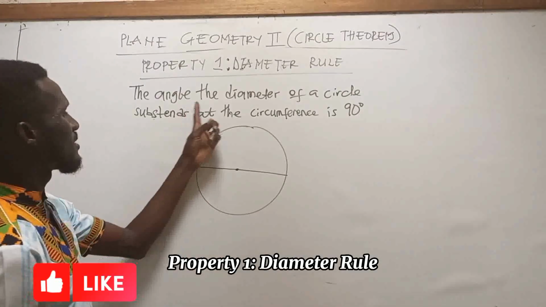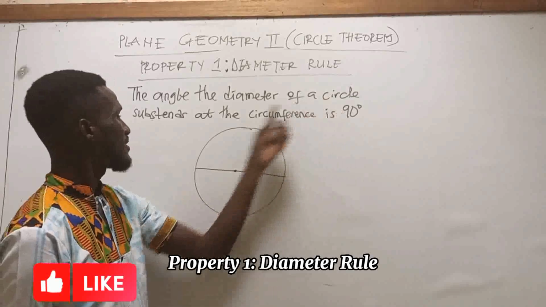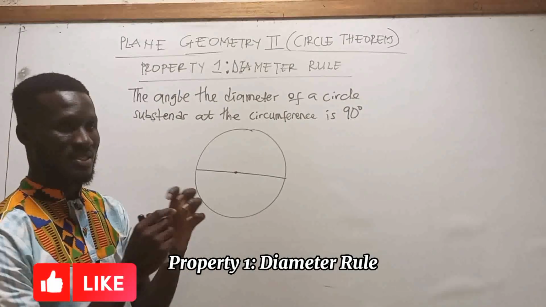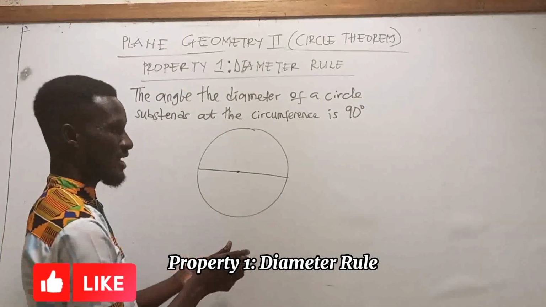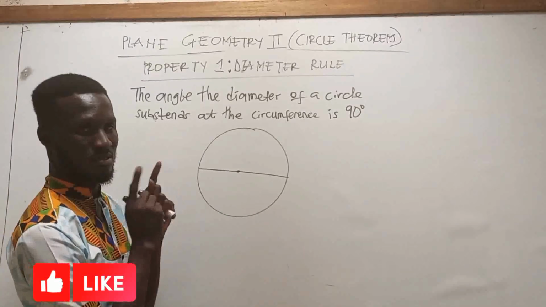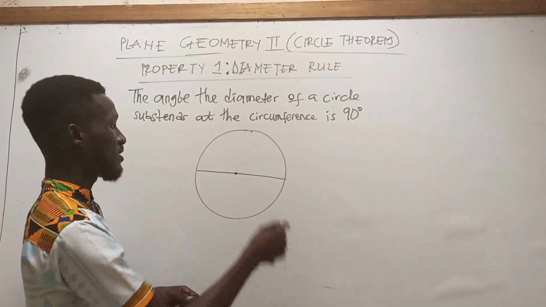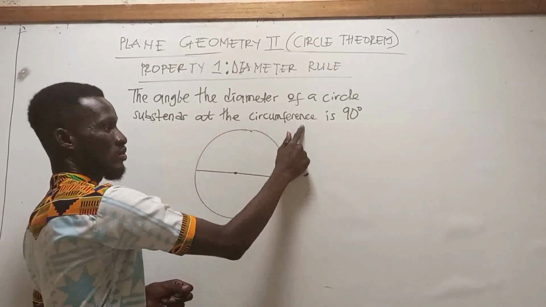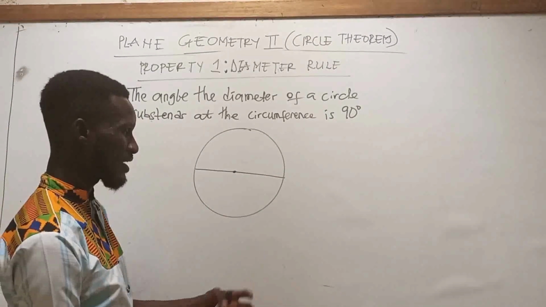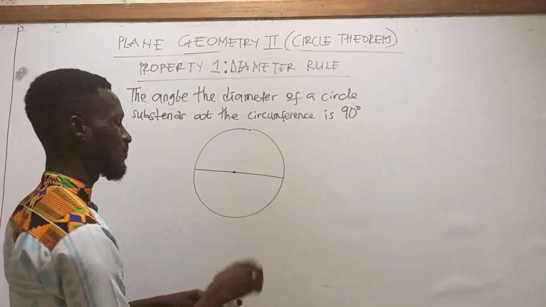Now, the angle the diameter of a circle subtends, so it means that the ends of the diameter will form an angle. And where will it form that angle? It will form the angle at the circumference. How will it form an angle? It will subtend to form an angle.